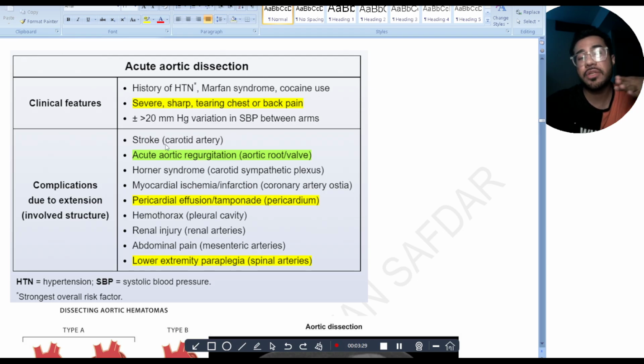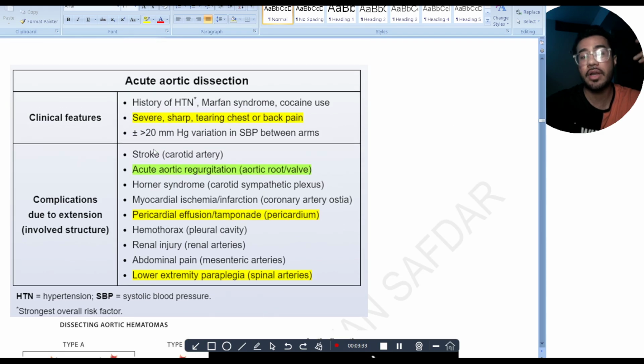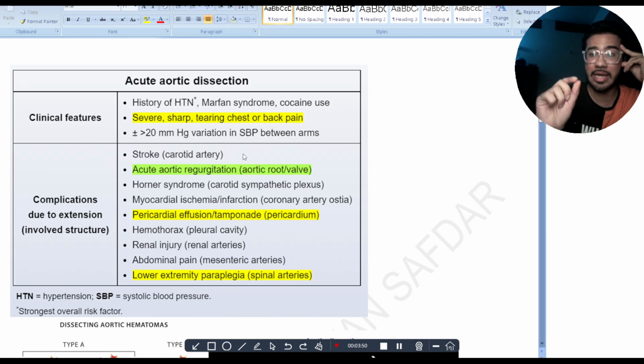If the dissection proceeds upwards into the carotid artery, that can result in reduced blood supply to the brain, resulting in a stroke. So if it travels upwards along the branching aortic arch vessels, it can result in stroke if it causes dissection of the carotid artery, resulting in narrowing of the blood supply to the brain.